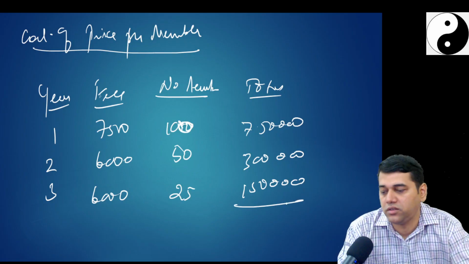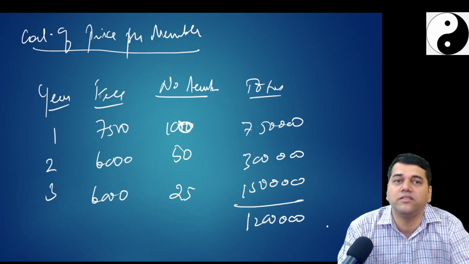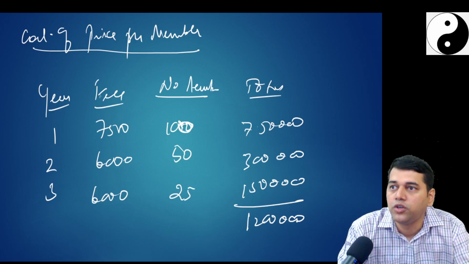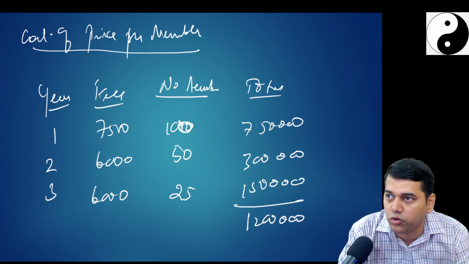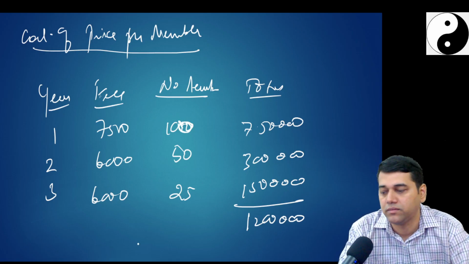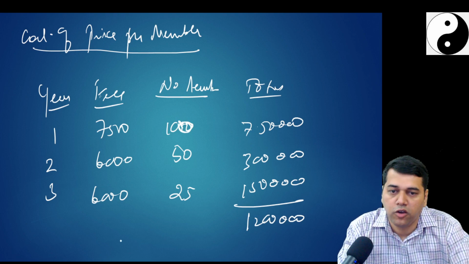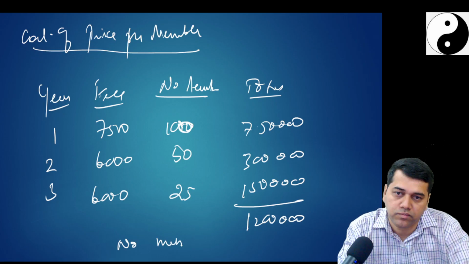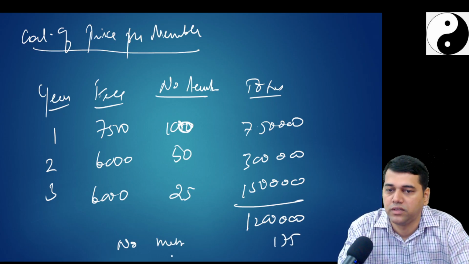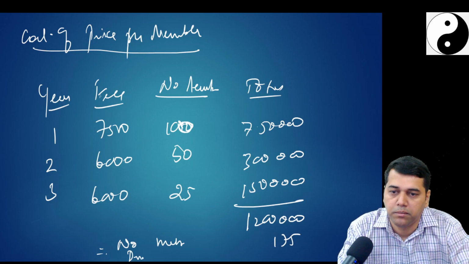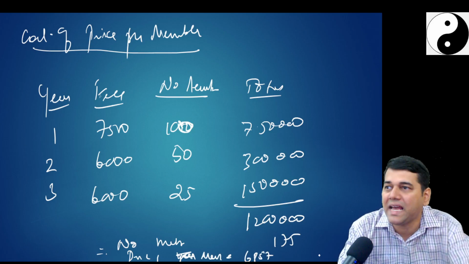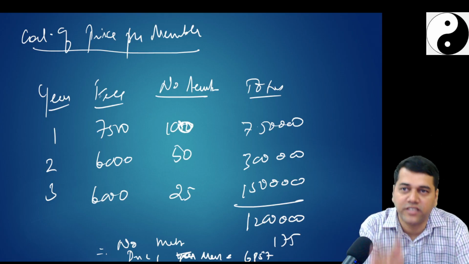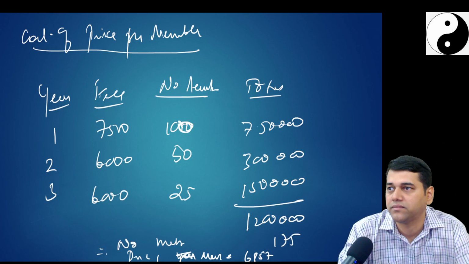So 12 lakh is the total consideration I am going to receive for this single contract with every customer for a group of 100 customers over a 3-year period. How many members? 175. Therefore, price per year per member will be 6,857. That means per annum I have to recognize 6,857, 6,857, 6,857.